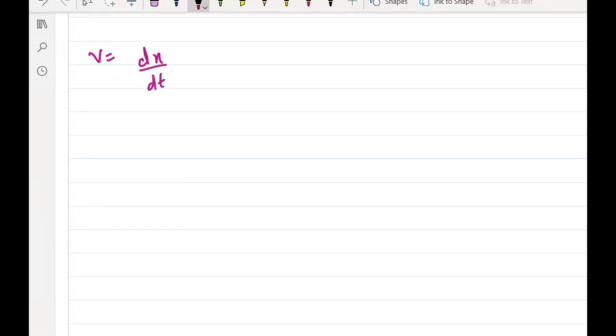Dx by dt. Everyone? Yes or no? Awesome. Right? Very good. What's the formula of acceleration? See how simple these concepts are, right? हम लोगों ने झूठ मूठ का डर बना रखा है अपने अंदर. बहुत simple concept है. dv by dt. Awesome. Very good.